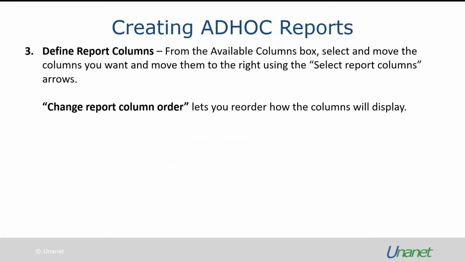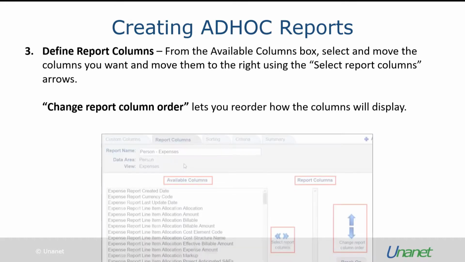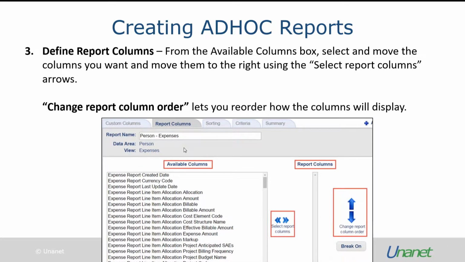Okay, so the next thing that we're going to do when we're creating our ad hocs is decide which columns we want, because once we've picked an area and a view, we have certain columns that are now available to us. You'll see in this screenshot, my area was person and my view was expenses.